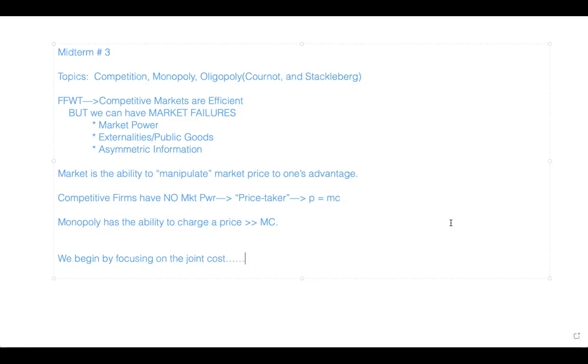So in order to really understand these ideas well, you have to do something probably that you're not used to, and that is you have to begin to tell yourself a story about how an industry forms. Okay, so how does an industry form?